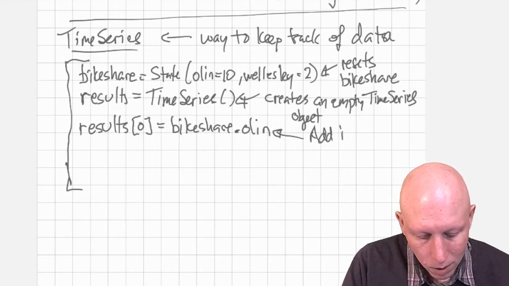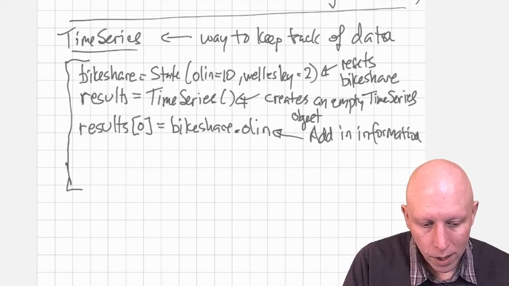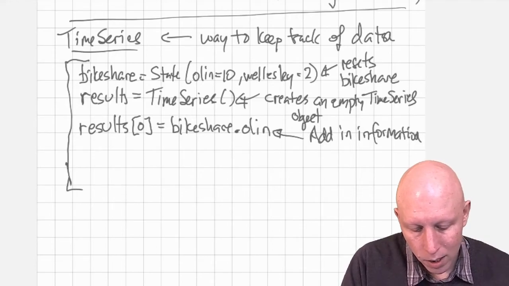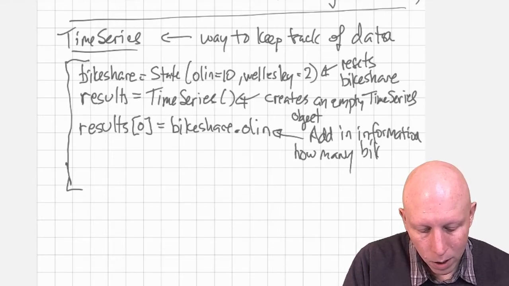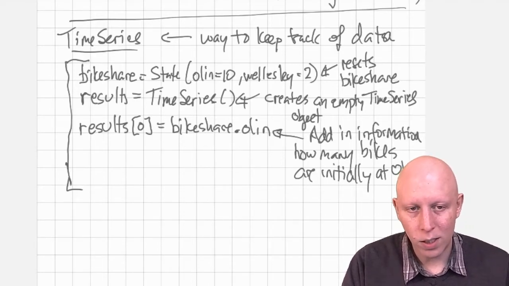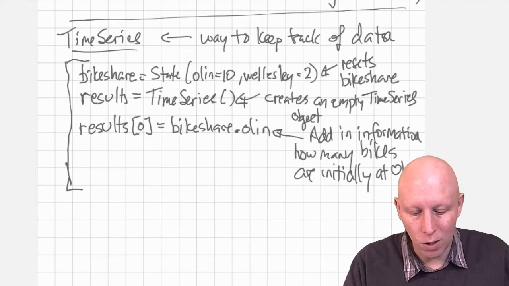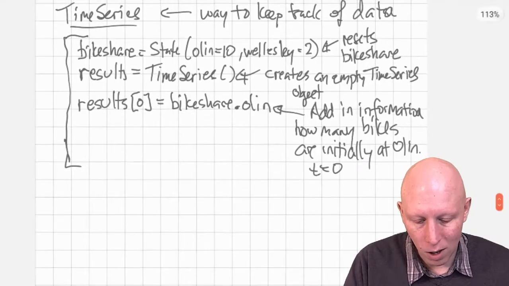So we want to add in information, and in this case what we're adding in is how many bikes are initially at Olin. So this is basically time equals 0. At time equals 0, how many bikes are there at Olin?